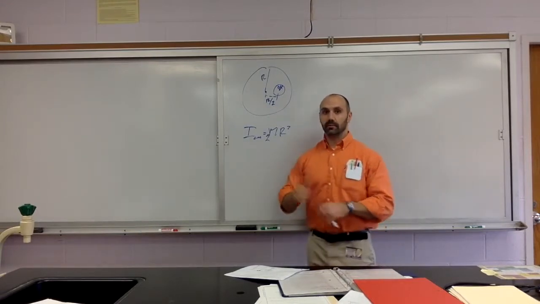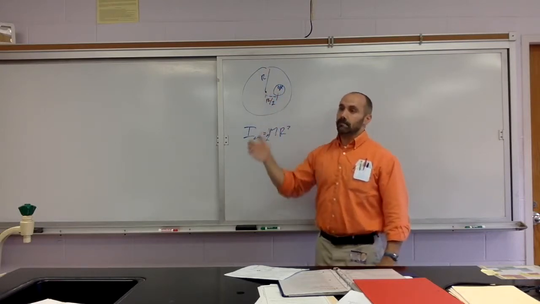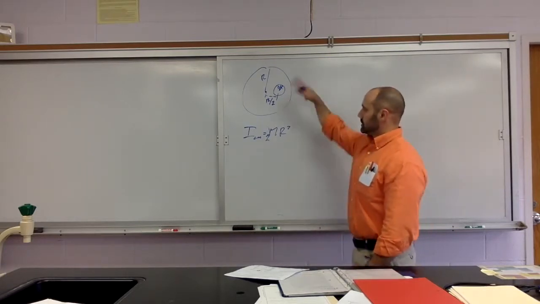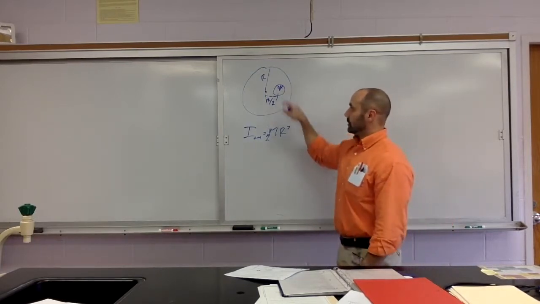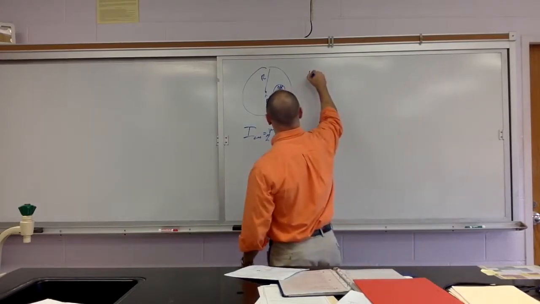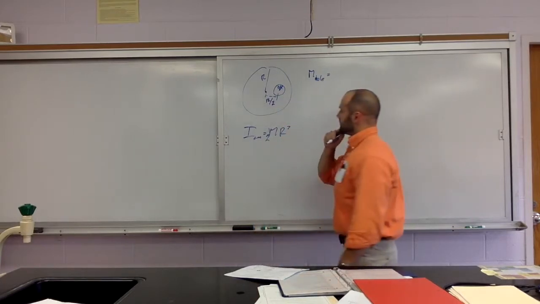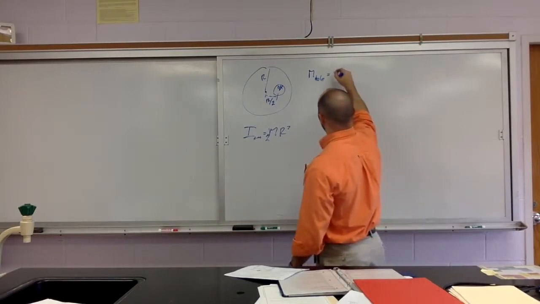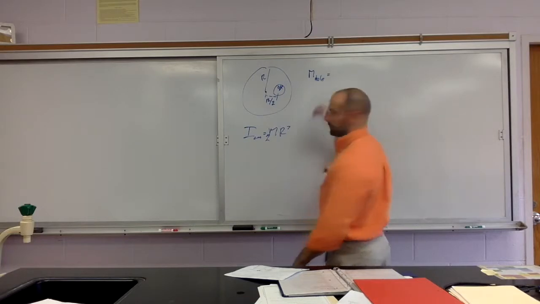So now what I'm going to do is find the moment of inertia of just this hole about this axis, and then subtract that from this. Well, first I need to find the moment of inertia of this hole. So I need two things, the radius and the mass. So the mass of the hole, I know that the mass of the whole thing is, I can set this up as a ratio.